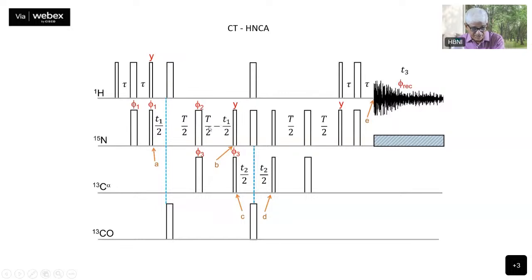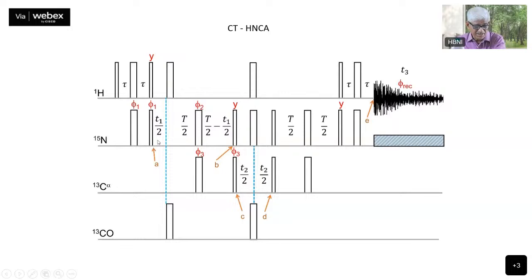Now you have this T by 2 minus t1 by 2. So what is the total time period from here to here? It is T. So t1 by 2 cancels with the t1 by 2, and T by 2 plus T by 2, the total time is T. Therefore, it is called a constant time experiment. So from here to here, it is a constant time T. In between, you introduce these various pulses, which will allow you to do appropriate magnetization transfers.